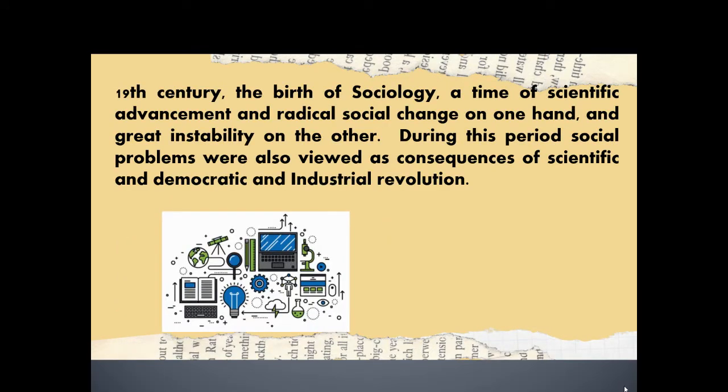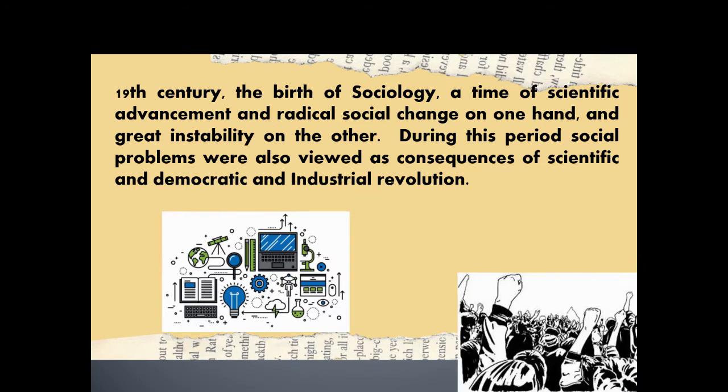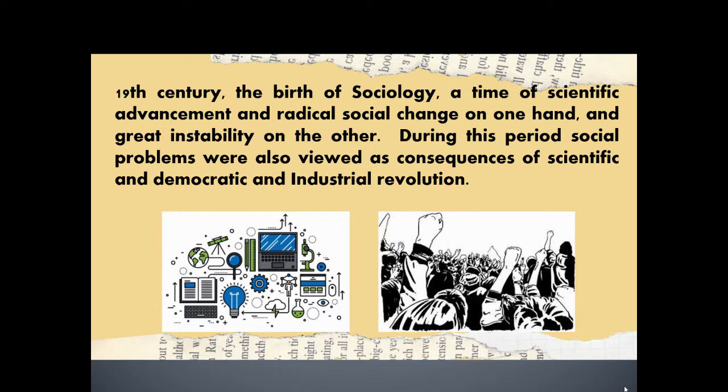19th century, the birth of sociology. Most likely, this was the time of scientific advancement. Radical social change happened, and great instability on the other. During this period, social problems were also viewed as consequences of the scientific and democratic industrial revolution.